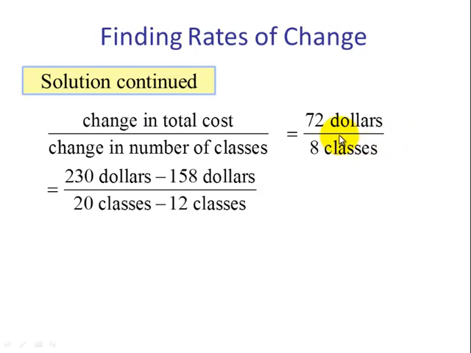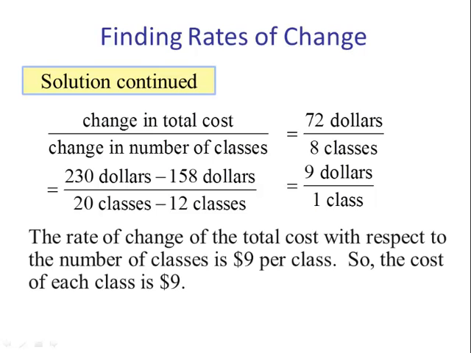This gives us $72 for 8 classes, and if we divide 72 by 8, we see the rate of change is $9 over one class, or per class. So the total cost is $9 per class. So basically each class costs $9.